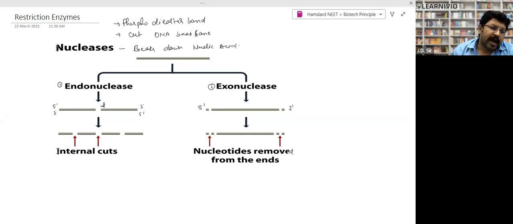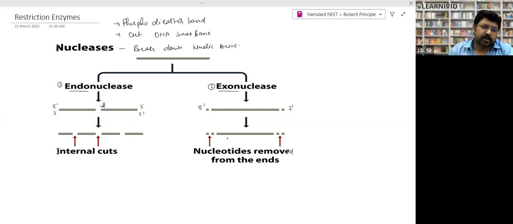Nucleases are of two types: endonucleases, meaning inside, and exonucleases, meaning outside. Endonucleases make a cut at the mid part of the DNA, between the 5 prime and 3 prime ends, right? Exonucleases cut the DNA from the outer side. So endonucleases make an internal cut and exonucleases make an external cut, right?